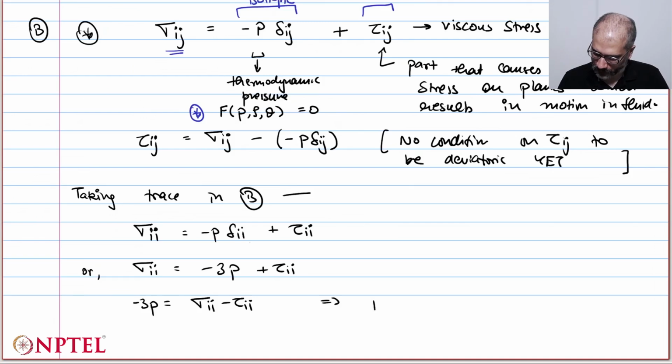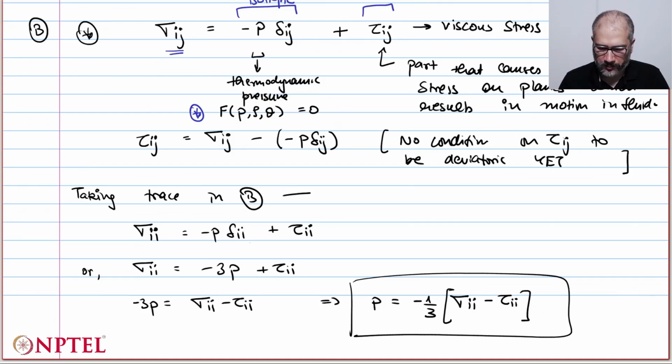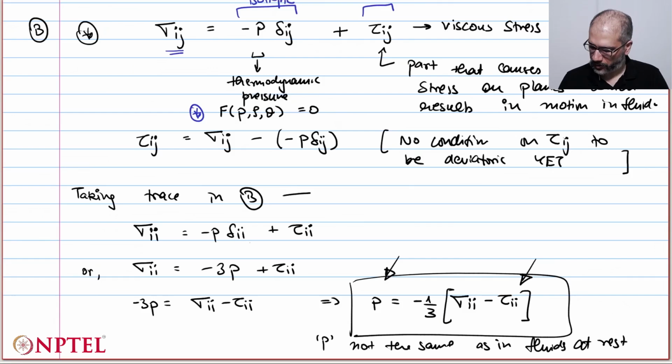So this implies that P is minus 1/3 of sigma ii minus tau ii. So what we notice is that unlike fluids at rest, the thermodynamic pressure here is not the negative of the mean normal stress sigma. It does have a contribution from tau as well. So we say that thermodynamic pressure P is not the same as in fluids at rest.